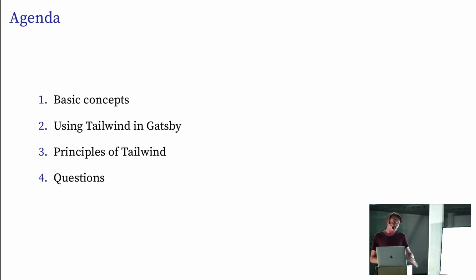And finally, I will talk about what I've been calling the principles of Tailwind, which is my experiences and opinions about when you should use it, how you should use it, and when you should not use it. Hopefully that will clarify some things, because if you just go to the basic concepts, some of you might say, why does this even make sense? And I will try to justify that later.